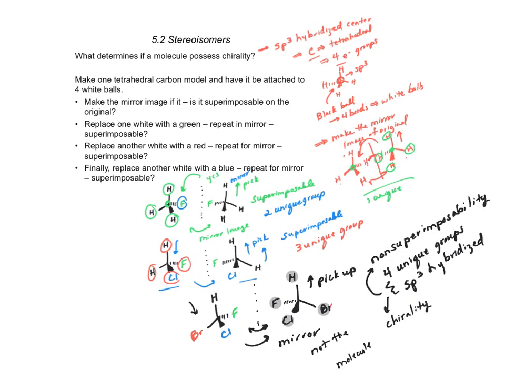So how do we know whether or not a molecule is going to have chirality, how do we know whether a molecule is going to be chiral? Do you have an sp3 hybridized center that has 4 unique groups around it? If you do, then you will have a chiral molecule.